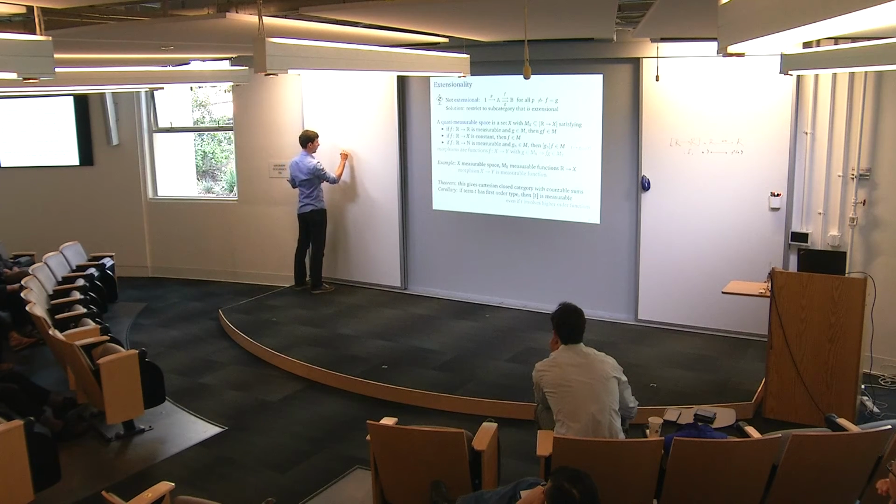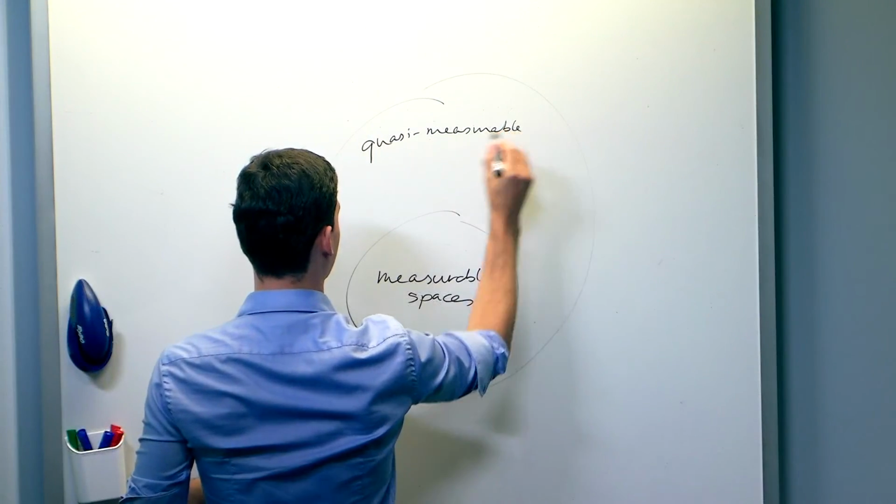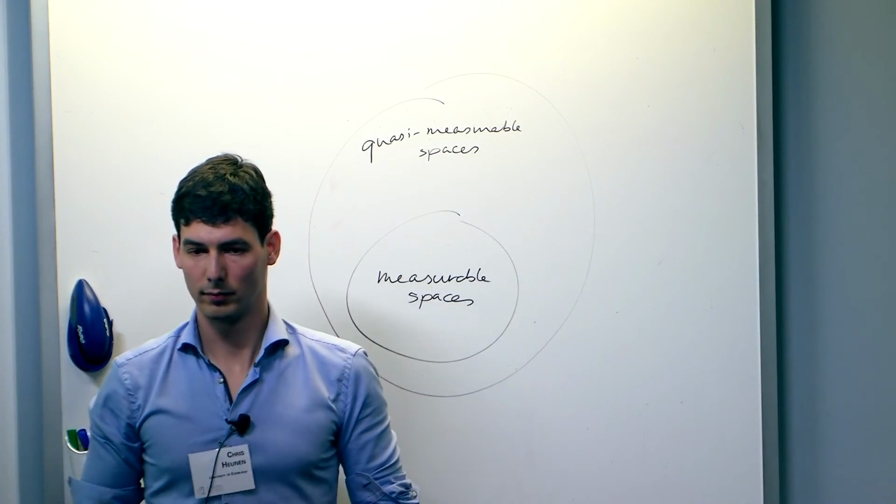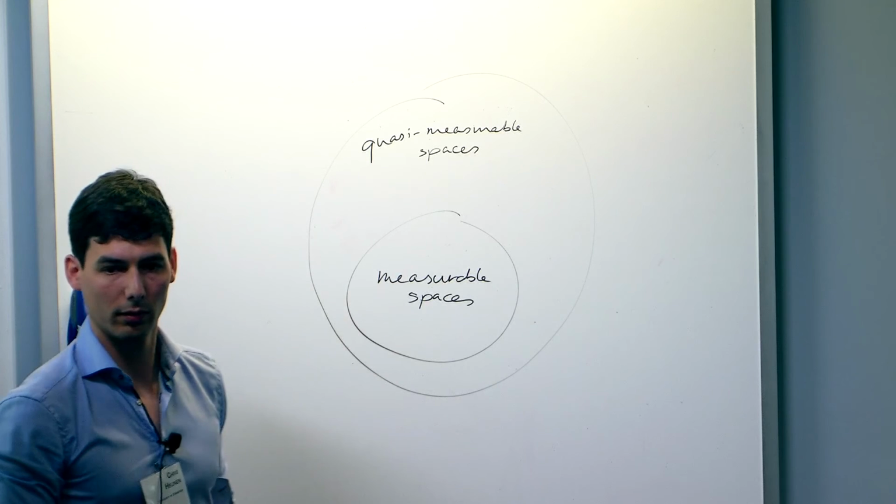So here is measurable spaces. We live inside all quasi-measurable spaces. Is that what you mean? Oh, okay. Right. The second inclusion is not always the case, right?